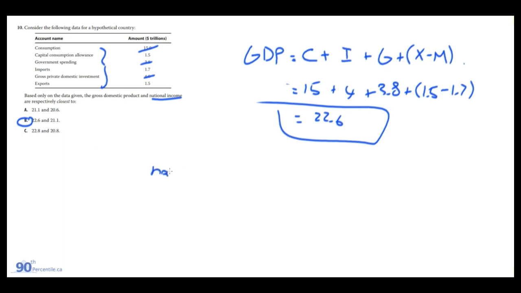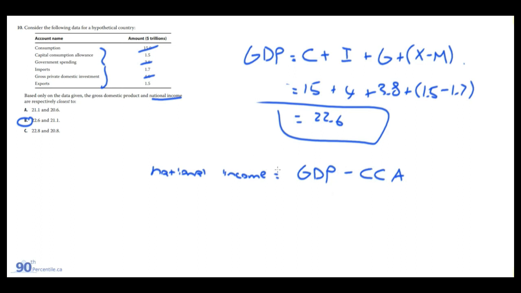So national income is equal to GDP minus the capital consumption allowance, which is quite similar to depreciation.